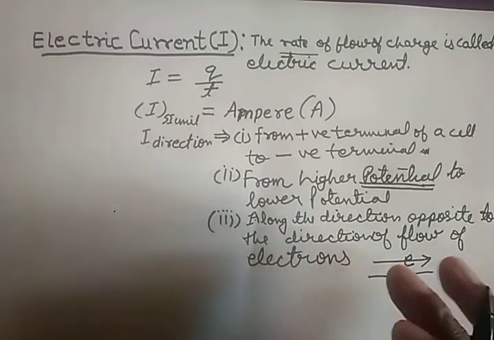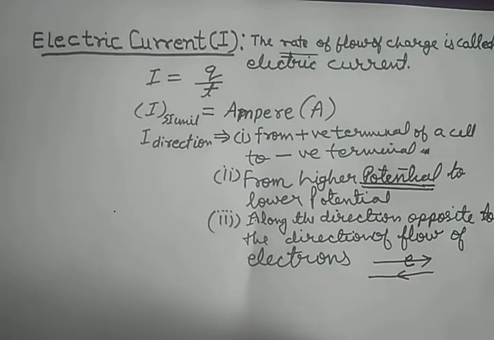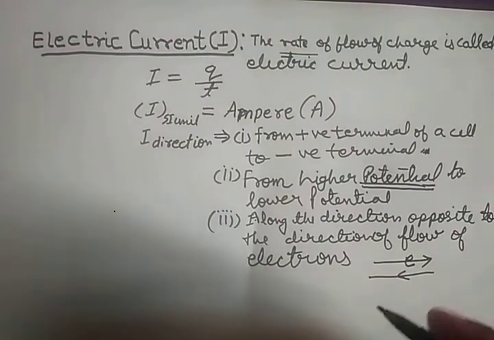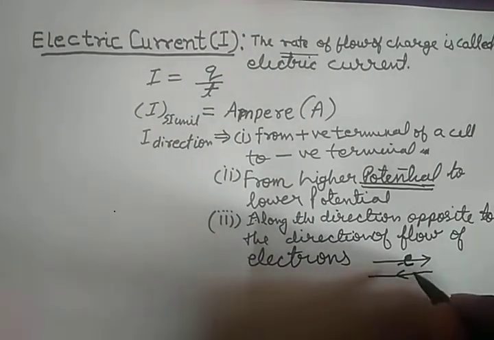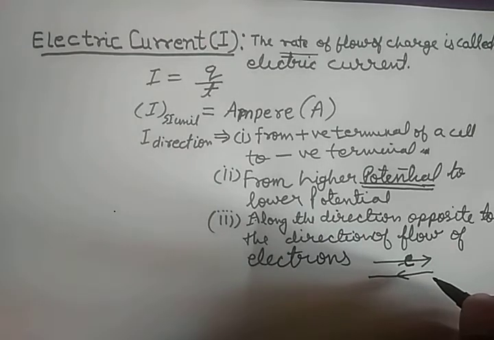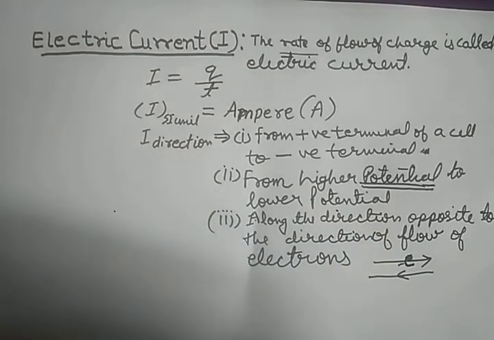It is just because earlier it was believed that positive charge flows and the direction of current was assigned accordingly, but later on it came to be known that not the positive charge but the negative charge flows. Keeping that old tradition in mind, they continued by supposing that positive charge flows, but as negative charge, that is electron, flows, the direction was taken opposite to the direction of flow of electron.